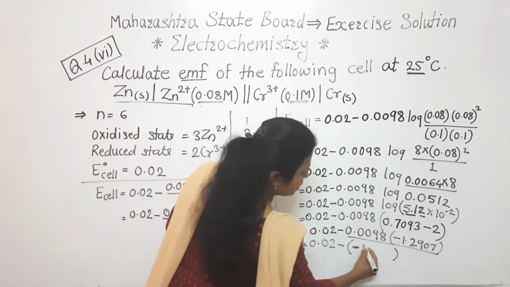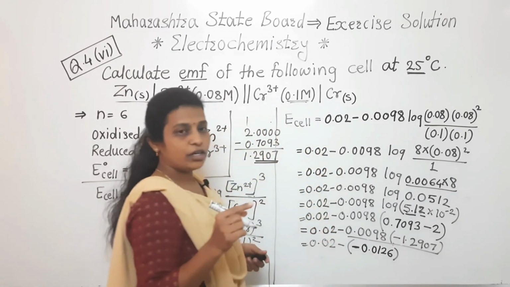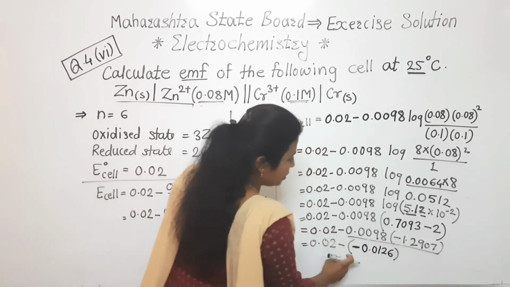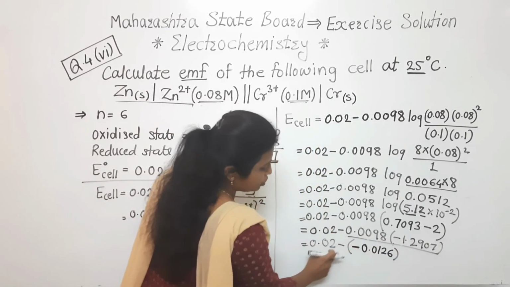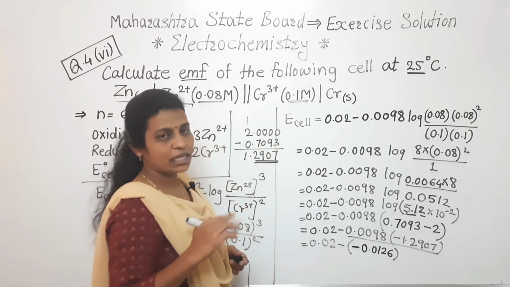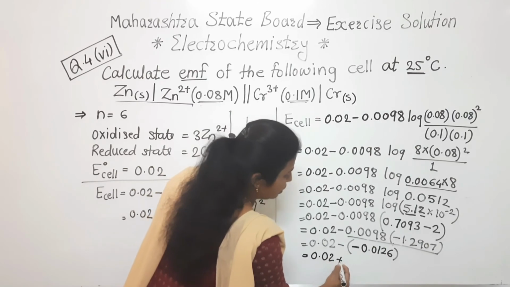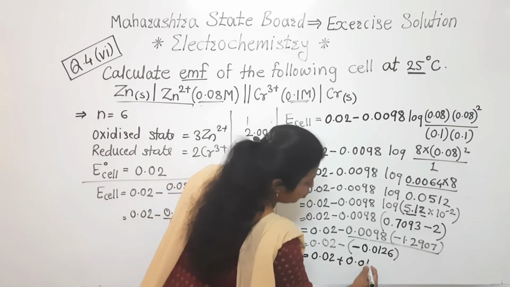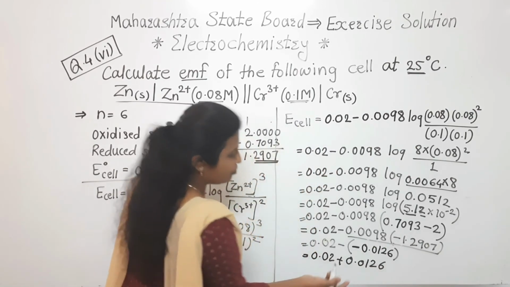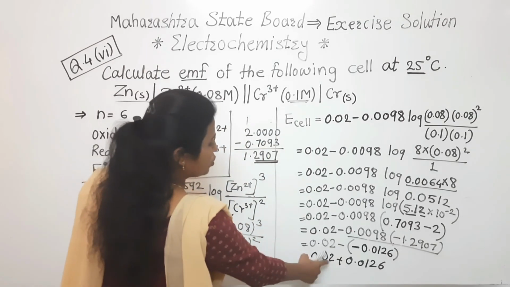So that answer is 0.0126. After multiplication, as we know, negative and negative when multiplied become positive, so here 0.02 plus 0.0126. Finally we just have to add them.